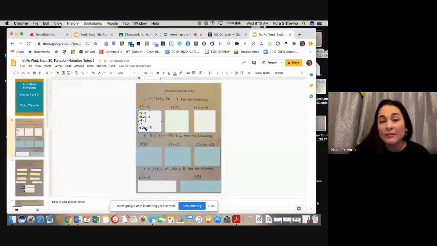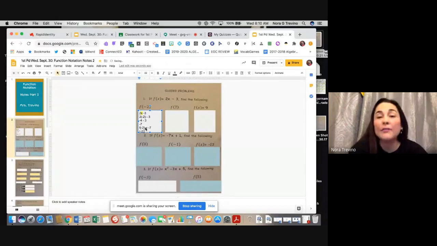And all you have to remember is that I just created an ordered pair, all right? My x value was the input, the -2. My answer was the y, the -7. So I just created that. This right here, f of -2 equals -7, is the same thing as -2, -7. They're just ordered pairs.